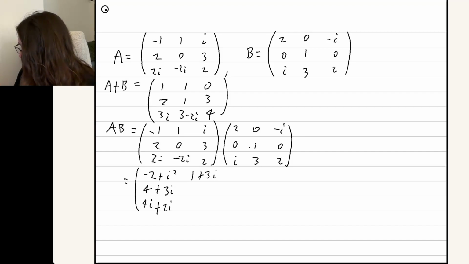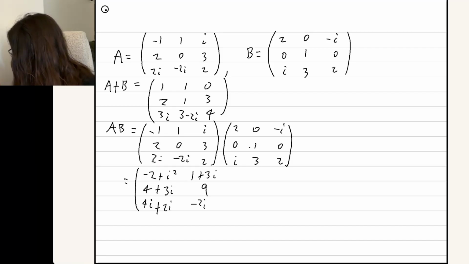And I'm kind of done explaining the whole process, but you should get the picture now. So 2 times 0 is 0, 0 times 1 is 0, 3 times 3 is 9, 2i times 0 is 0, minus 2i times 1 makes minus 2i, and 2 times 3 makes 6.